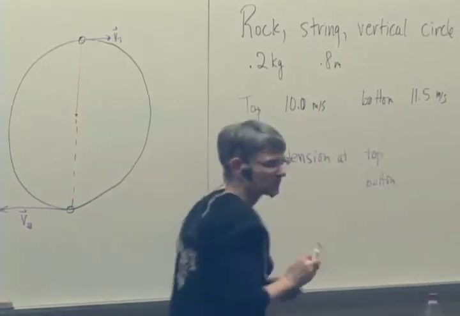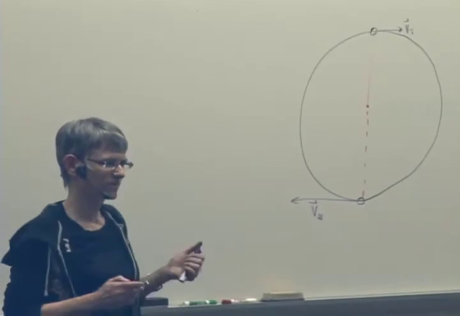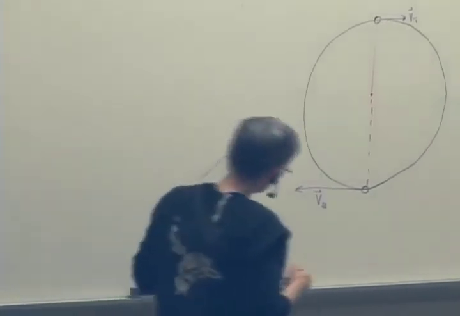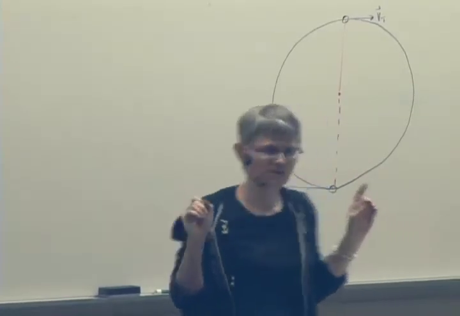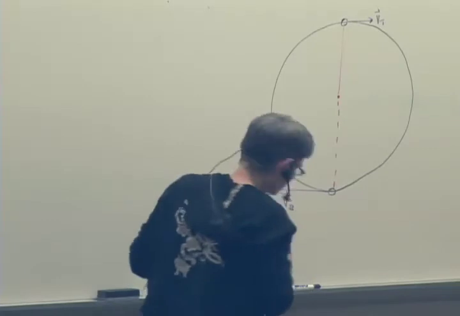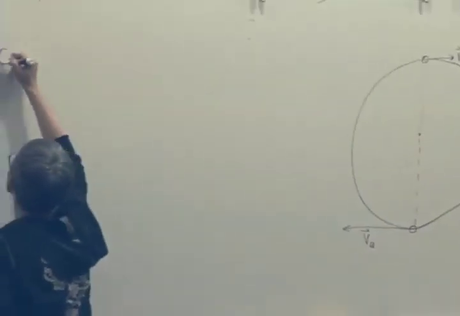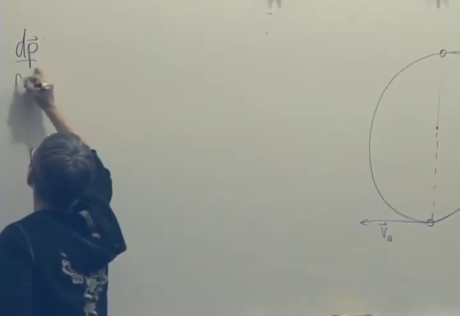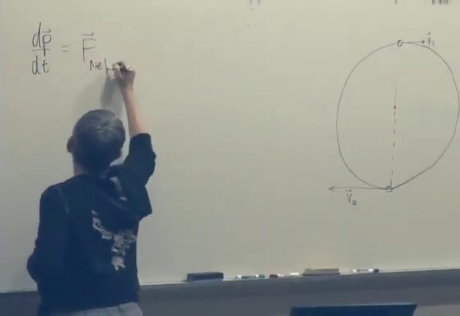So let's pick one instant. Yeah, we're asking for an instantaneous thing, aren't we? And there's only one fundamental principle that has this instantaneous form. That's the momentum principle in its derivative form, isn't it? So presumably we're going to be starting with dp/dt equals F net.